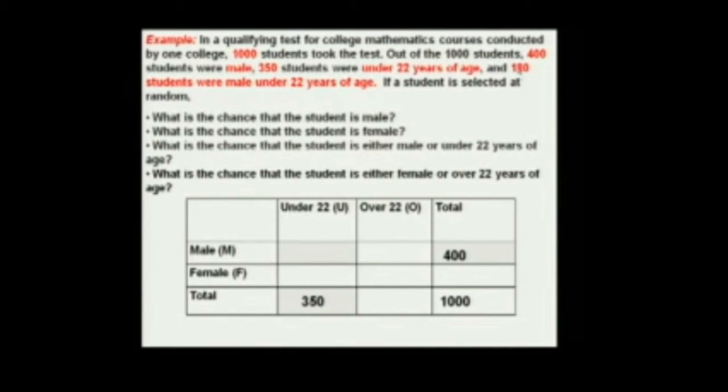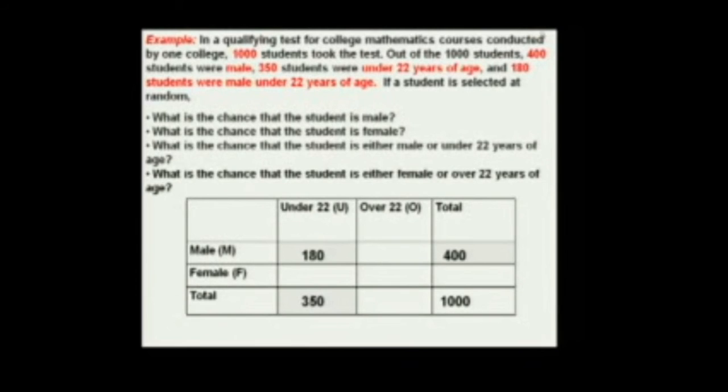We were also told that we have 180 students that were male under 22, so that 180 will have to come in this cell which represents male under 22.